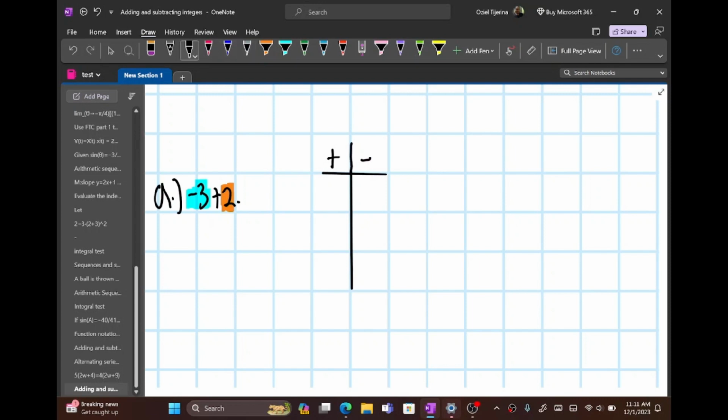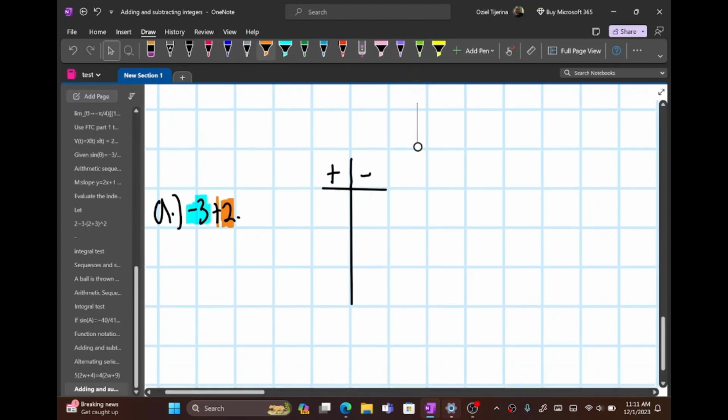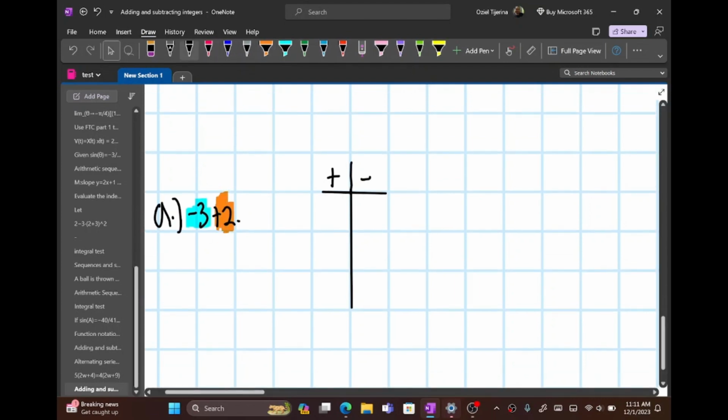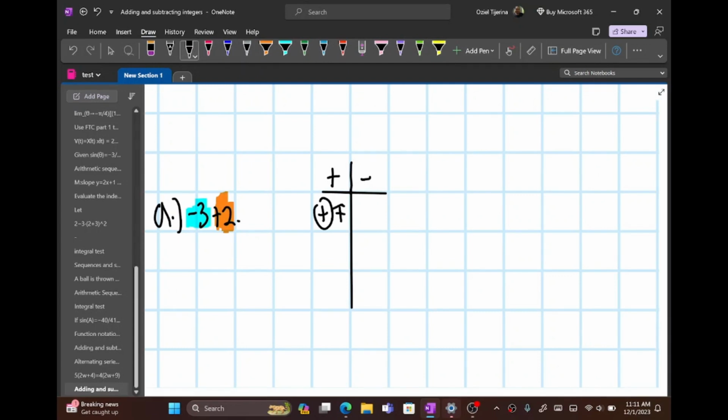The number of positives is 2, because we have 2 positives. So we put that in here: 1, 2. And then the number of negatives is 3: 1, 2, 3.